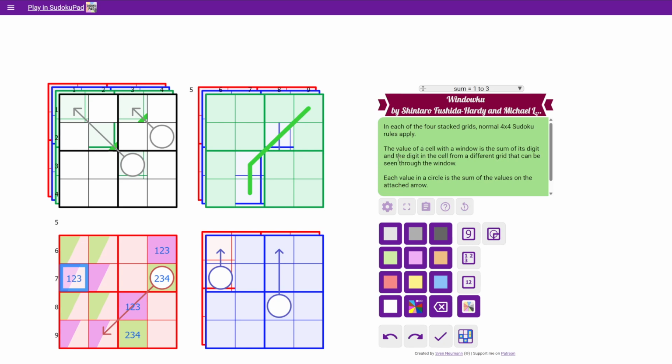The value of a cell. Right. So if this was a 1, for example, and if this was a 1, its value would be 2, and that would be a 2.